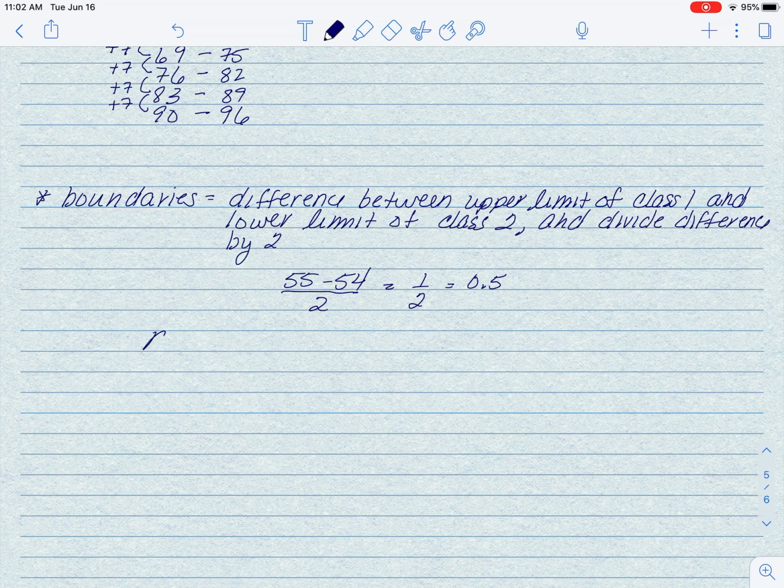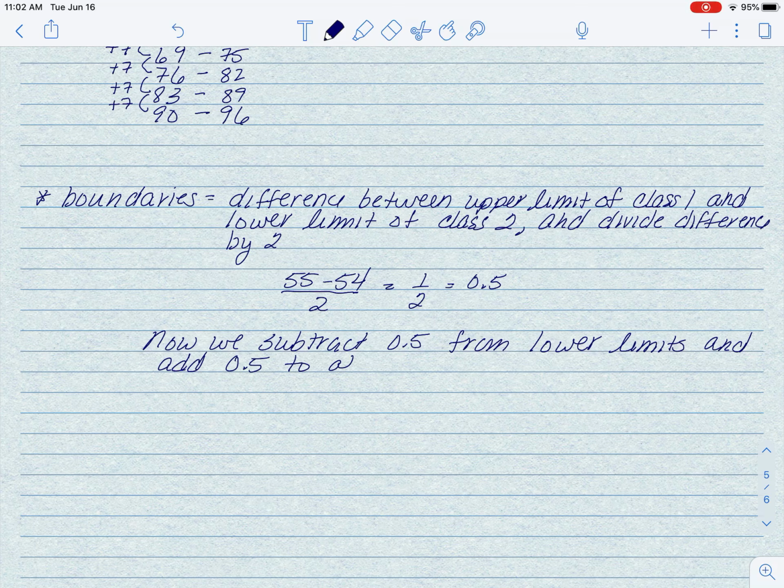Now we subtract 0.5 from all the lower limits and add 0.5 to all the upper limits. And this will give us our boundaries.